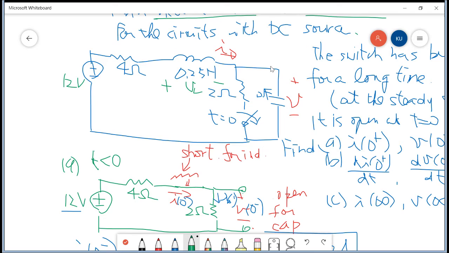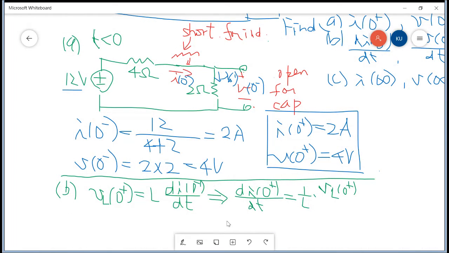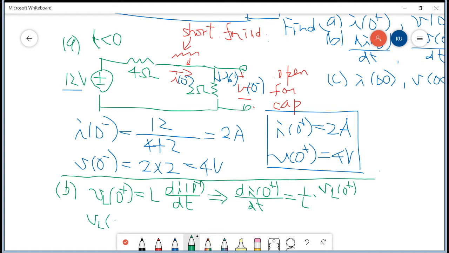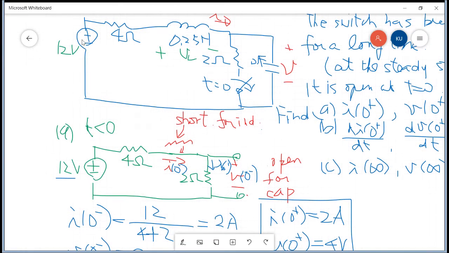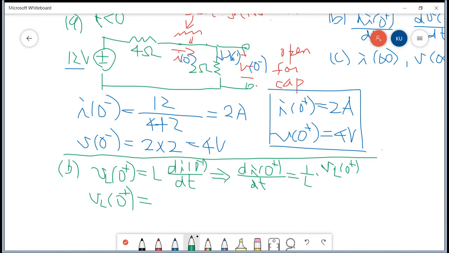So we need to find what VL(0+) is. VL(0+) should be 12 volt minus 4 times I(0+).